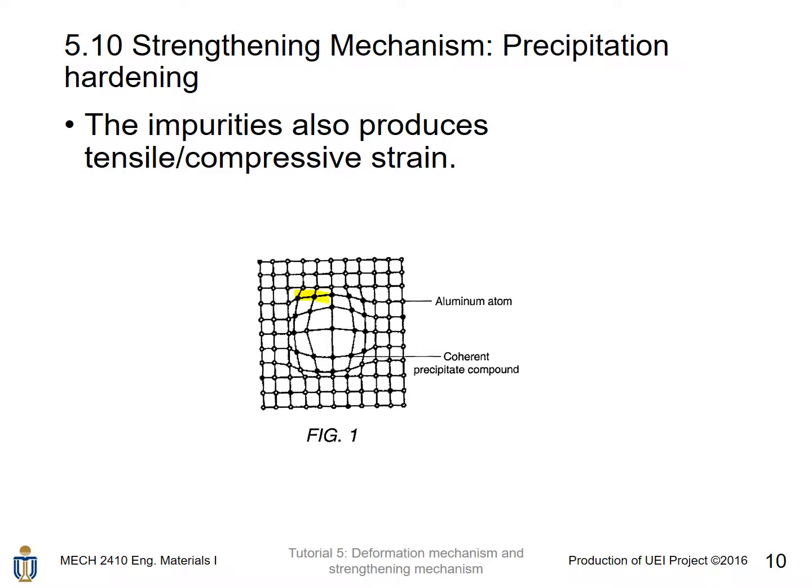Here, the aluminum alloy has a different phase at the center, and at the outside here, the aluminum is at a different phase again, and that will produce a tensile or compressive strain, just like the addition of those impurity atoms in solid solution hardening, and that's basically why this method can also produce materials with higher strength.